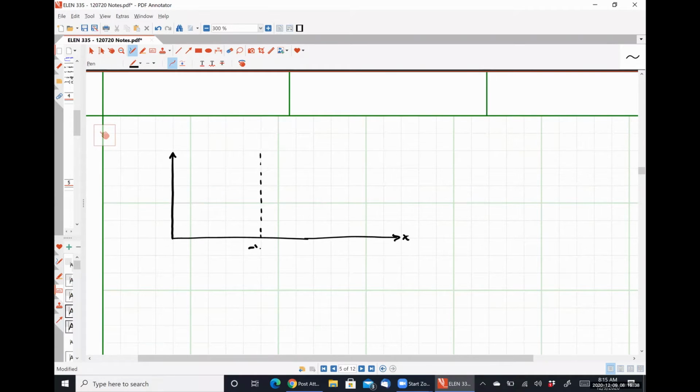Let's put negative WP. So this is the edge of the space charge layer on the P side. This is the edge of the space charge layer on the N side.